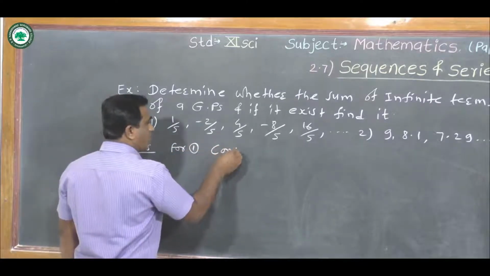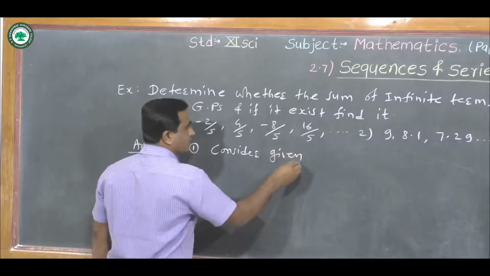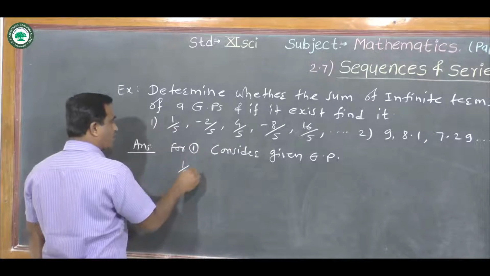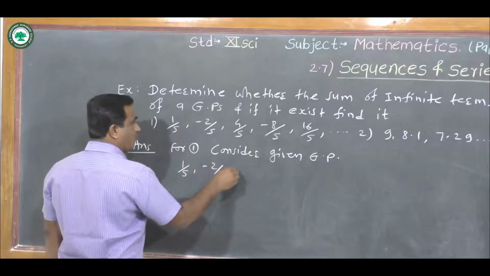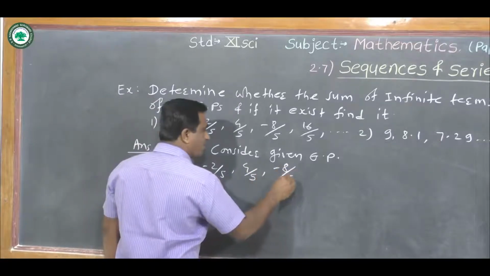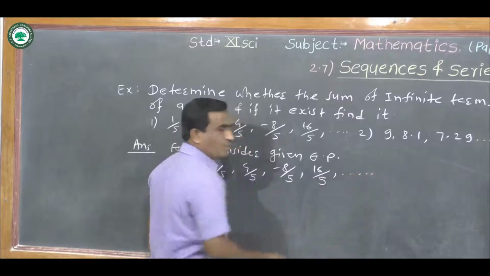Consider the given geometric progression, which is again 1 by 5, minus 2 by 5, 4 by 5, minus 8 by 5, 16 by 5, and so on.